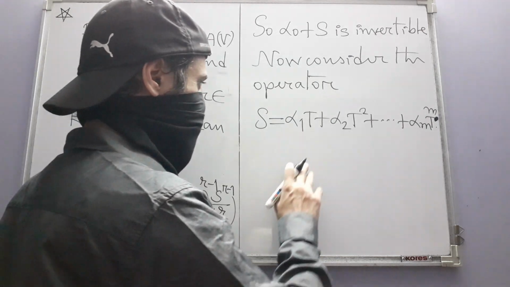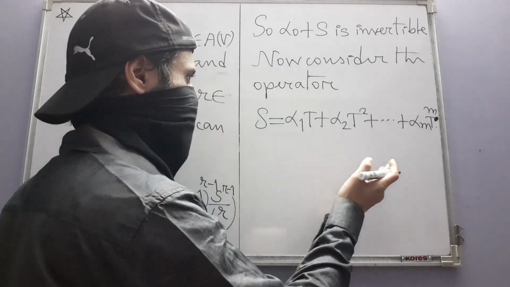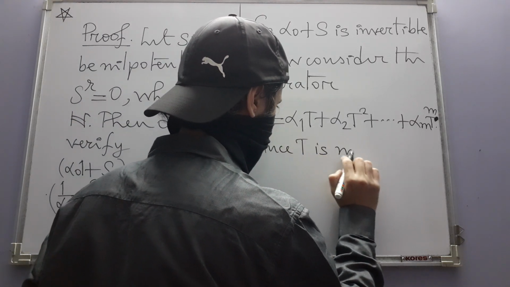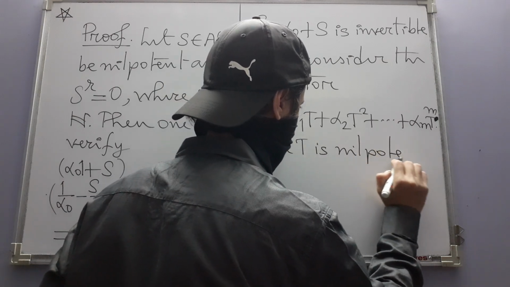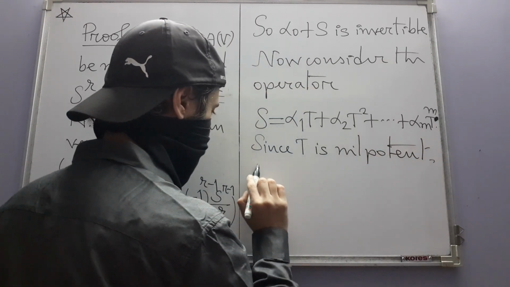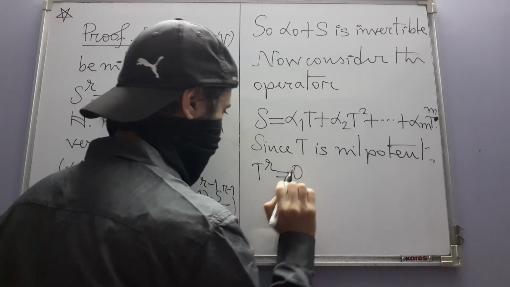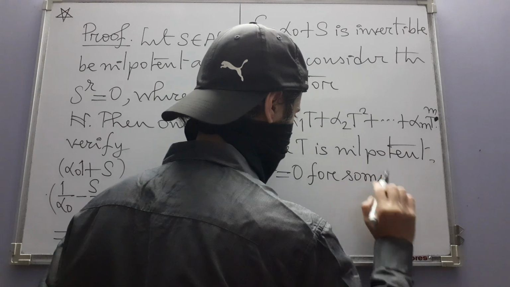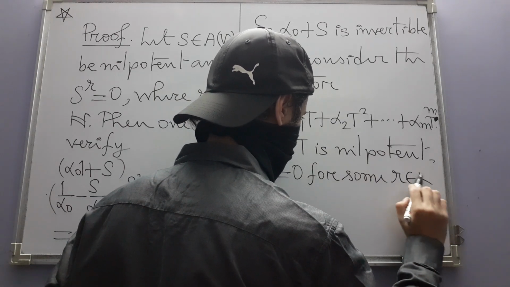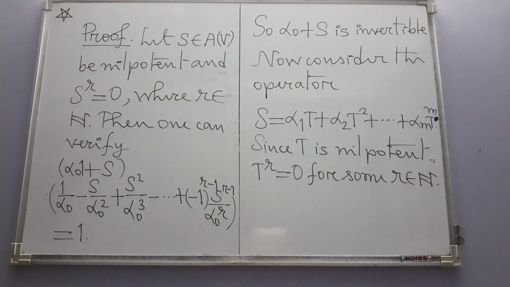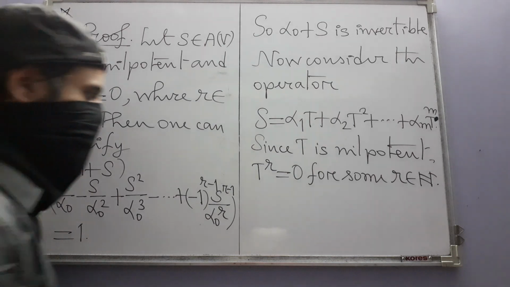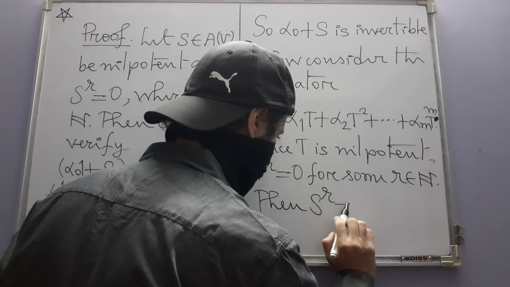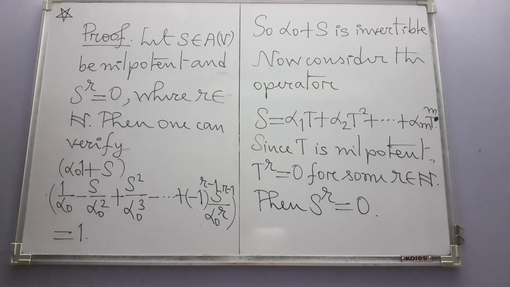Let's see. What we are given though is that T is nilpotent, so some power of T is going to be 0 for some r belonging to n, then the rth power of s is also equal to 0.